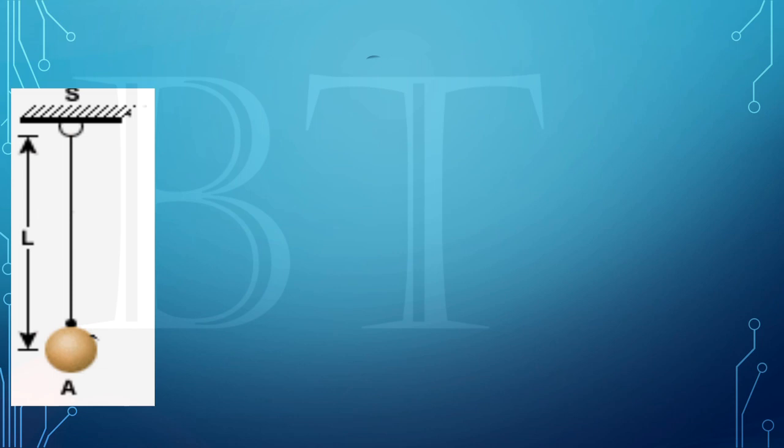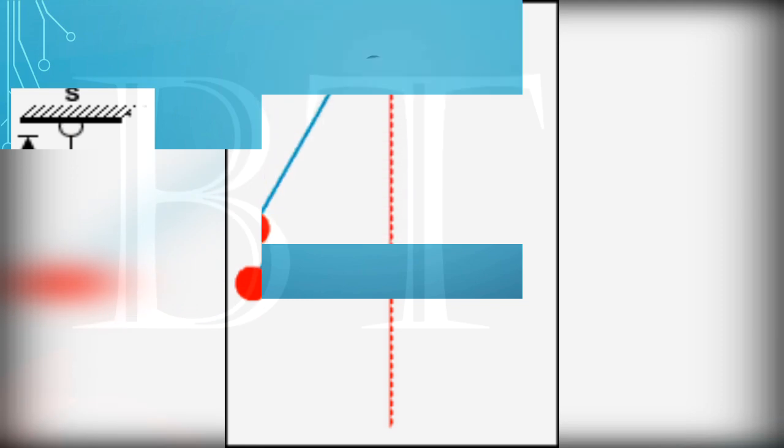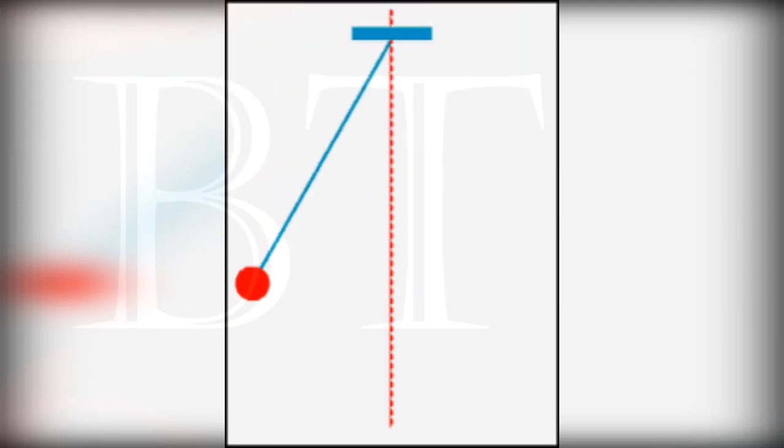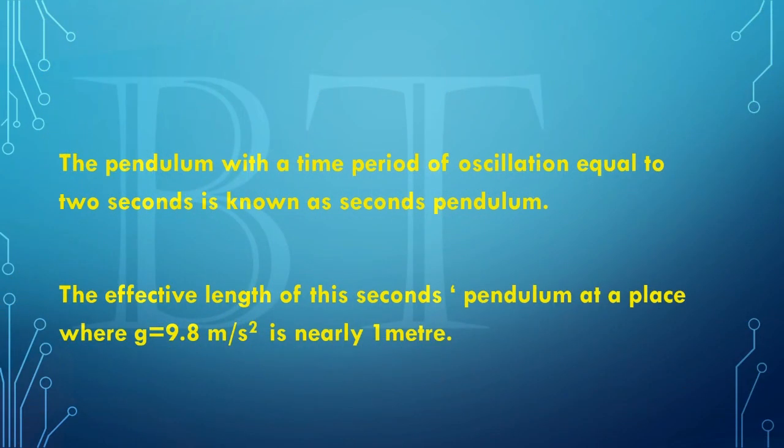The time period of oscillation does not depend on the mass or material of the bob. It also does not depend on the extent of swing on either side, or amplitude. Now, if a pendulum has a time period equal to 2 seconds, it is known as a seconds pendulum.